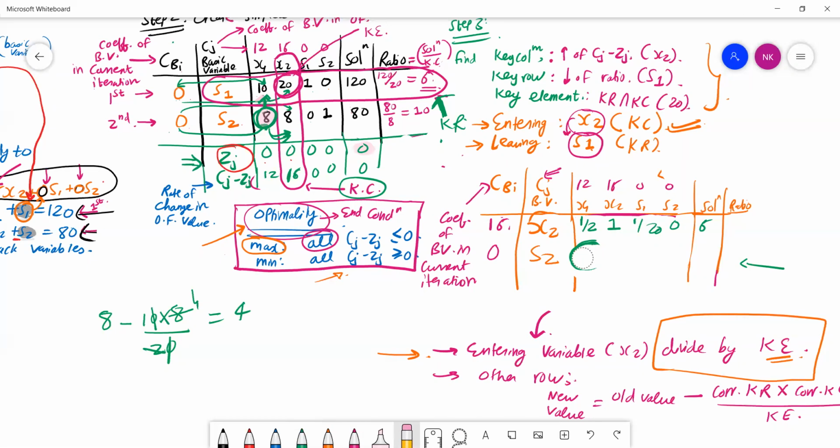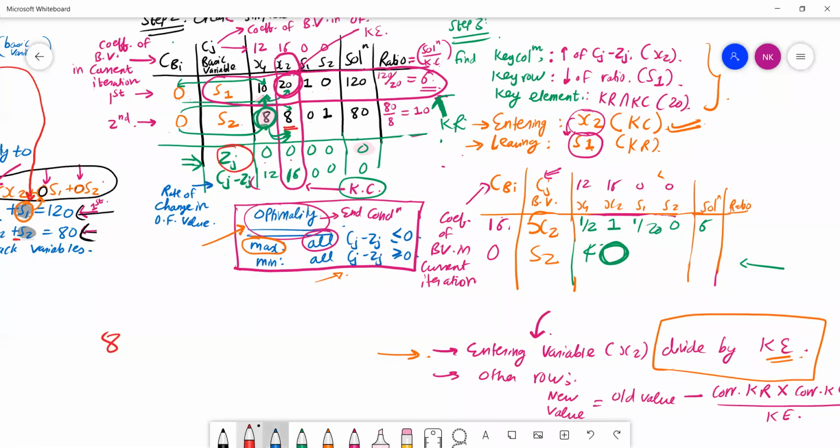Okay. Let me just calculate another value so it becomes more clear to everyone. So we are now calculating this particular value, that is the second value in the second row. So what is our old value? It's nothing but 8 again. This is the 8 that is corresponding to our old value.